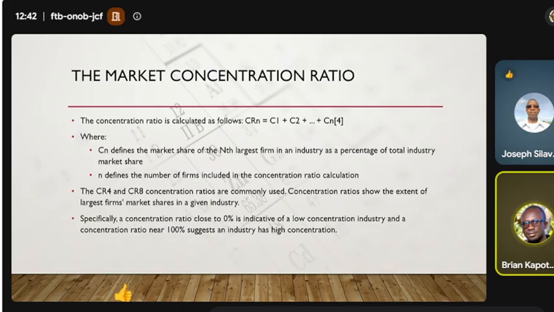Great, thanks. I want someone, using their own words, to explain the difference between the market concentration ratio and the Herfindahl-Hirschman index.